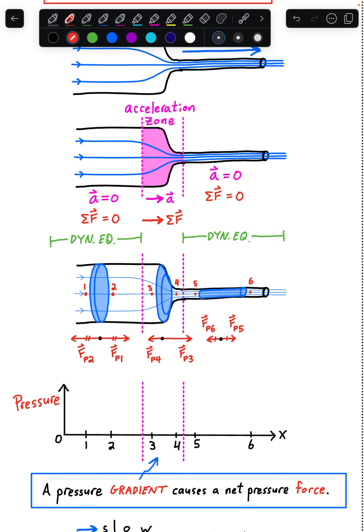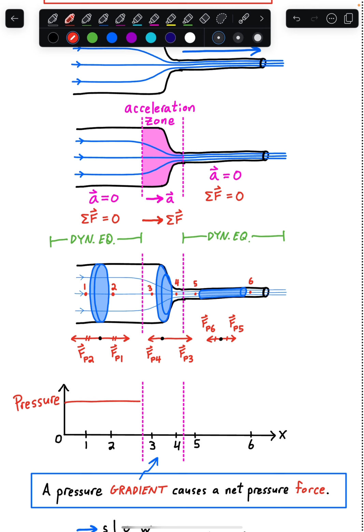A graph showing the pressure in the pipe as a function of horizontal location, x. We sort of lay out an x-axis along the pipe, passing through points 1, 2, 3, 4, 5, and 6. So at points 1 and 2, this is in the wide section of pipe.